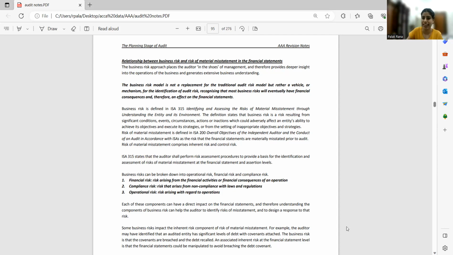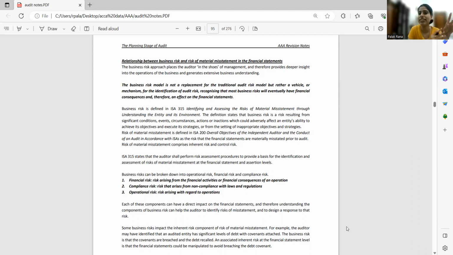So all these things comprise business risk, because my business is not able to operate in the standard format, or it's not able to perform very well, and that can impact my profitability, or even a going concern issue can arise. So this is my business risk.